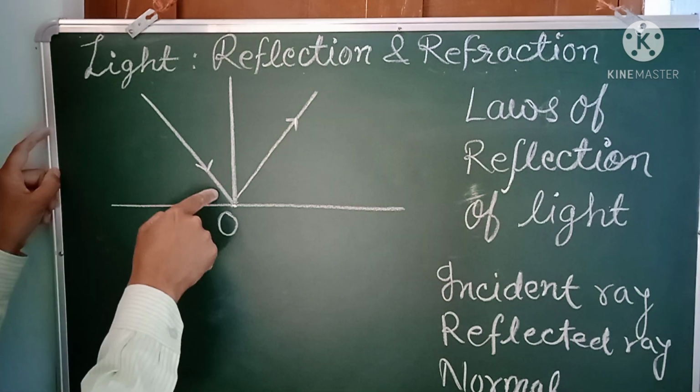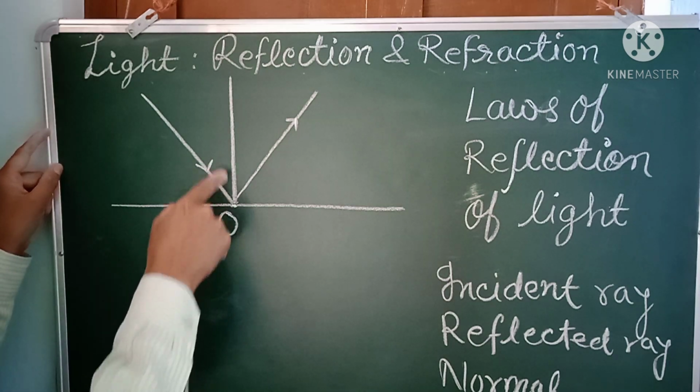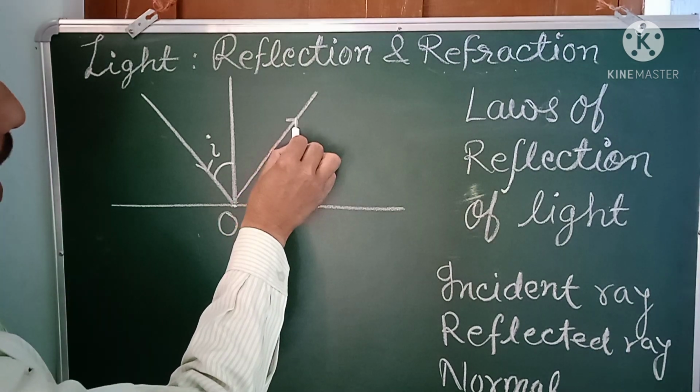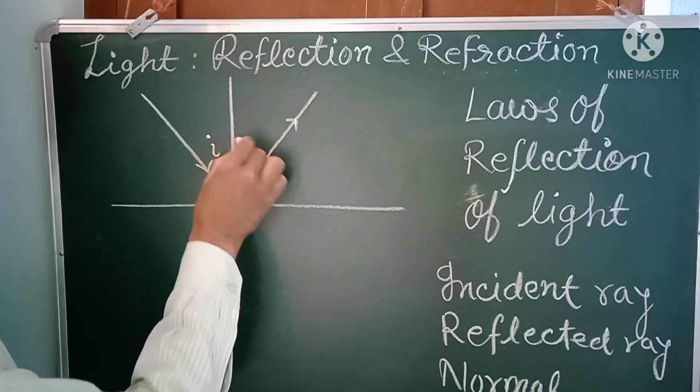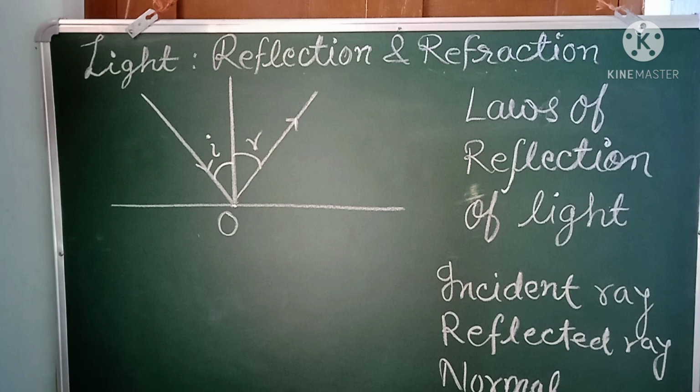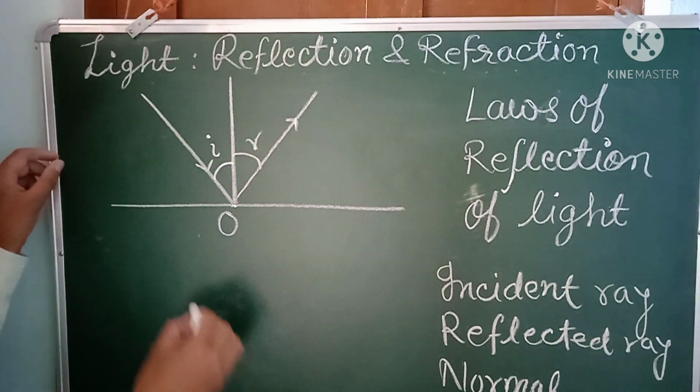The incident ray makes an angle with the normal, called the angle of incidence i. And the reflected ray makes an angle with the normal, called the angle of reflection r.